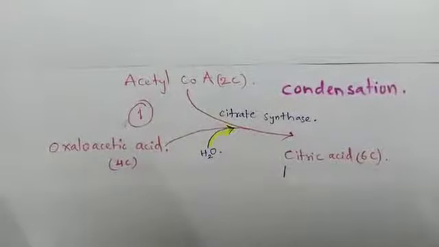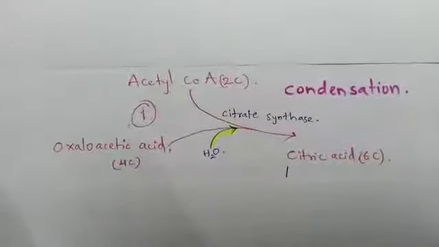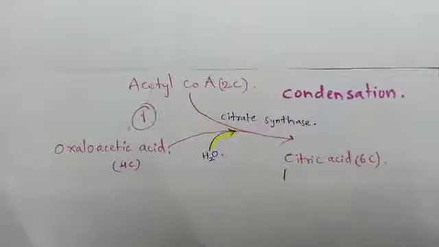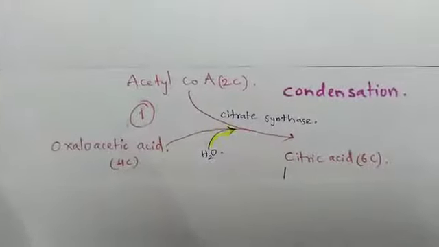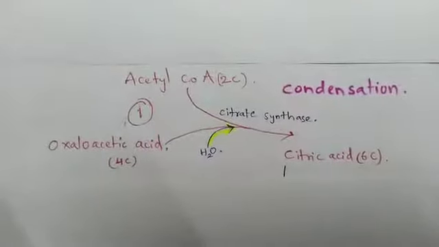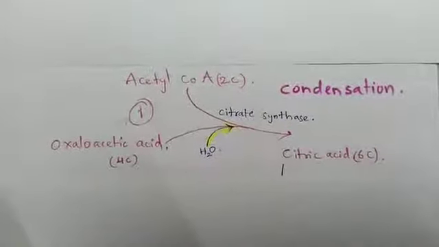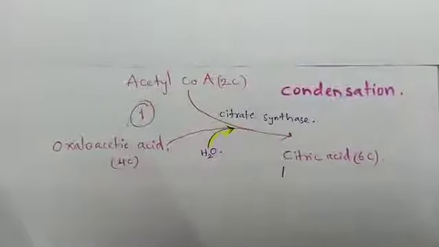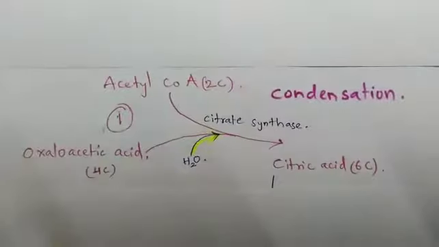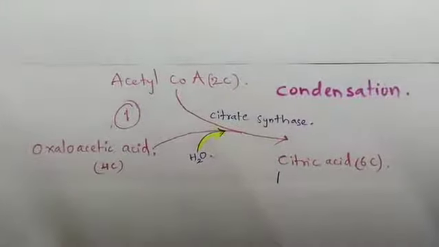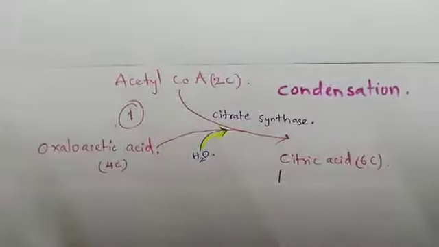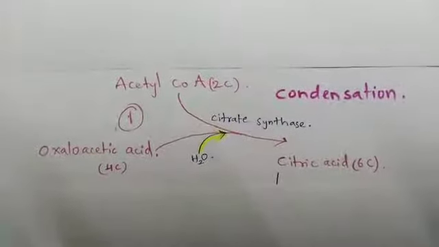Acetyl coenzyme A is 2-carbon and oxaloacetic acid is a 4-carbon chain, and a water molecule is added to this reaction, hence citric acid or citrate is formed. This reaction is termed condensation, defined as 2 smaller molecules combining to form a larger molecule in the presence of water.